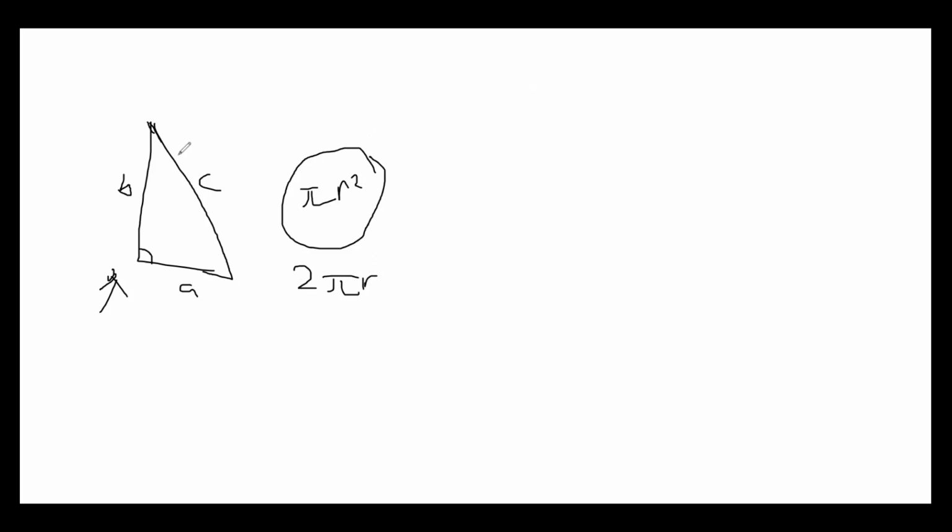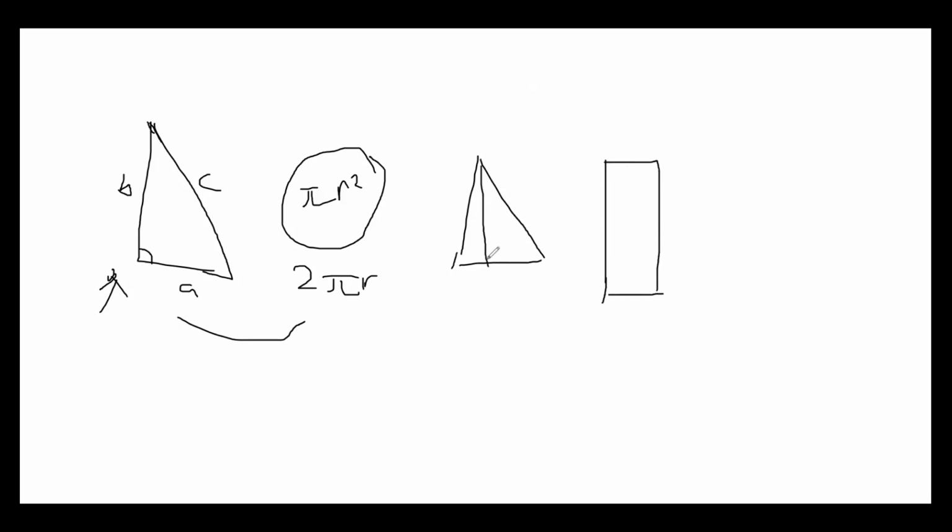I think that these two things are the main things. Other things you might see are the area of a triangle, area of a rectangle, parallelogram, that kind of thing. So you should probably know how to calculate the areas of these shapes. That's base times height over 2 for a triangle and length times width for a rectangle.